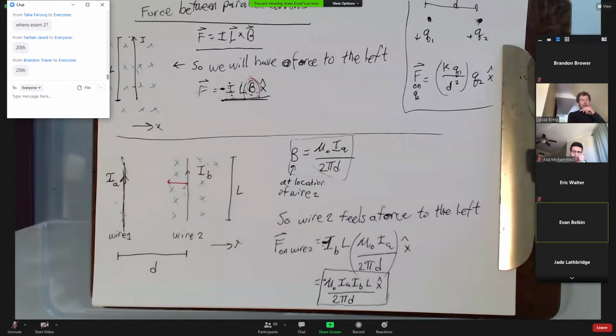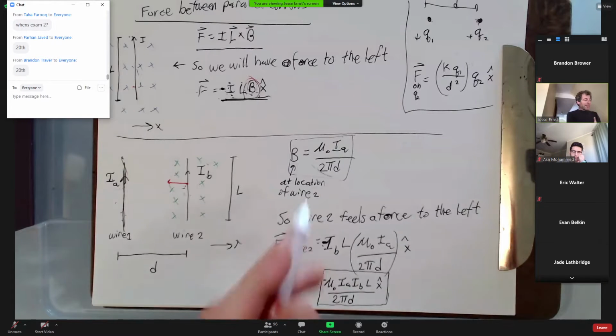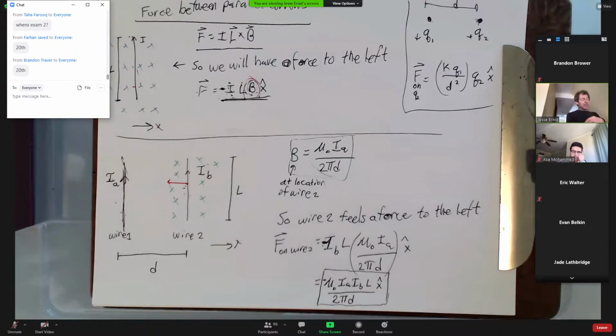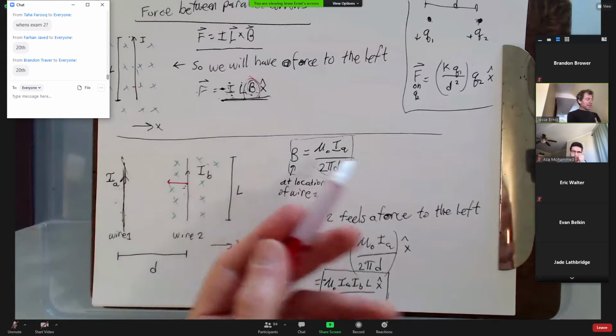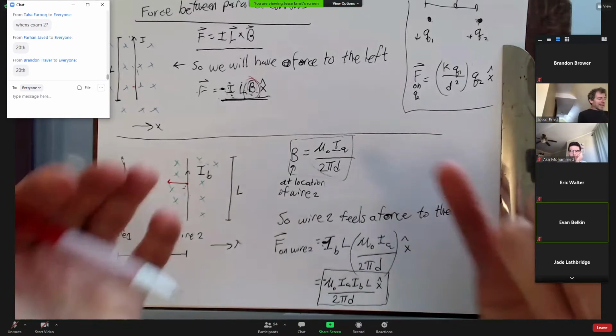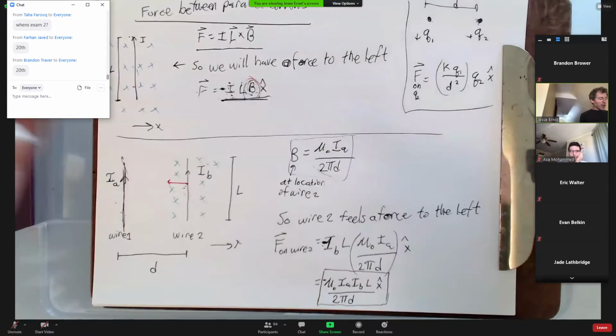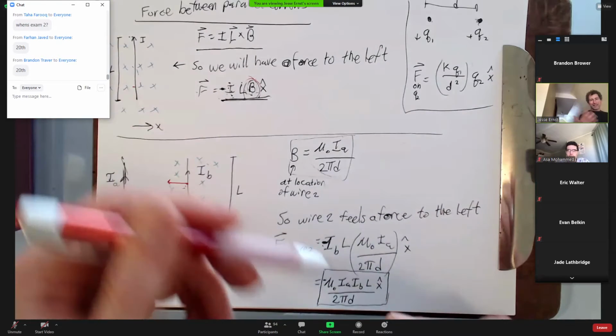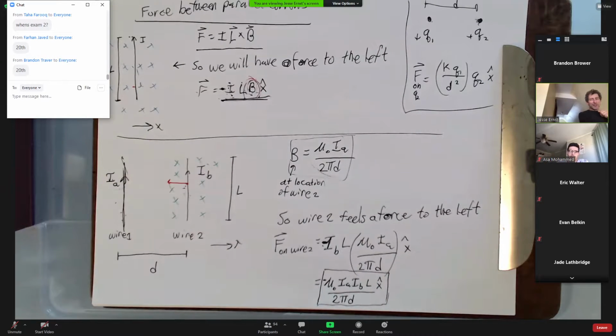Yep. In fact, some years ago I put that straight on the exam, exactly as we did: derive the B field from a long straight wire. So in that case, obviously you can't say the B field from a long straight wire is that, right? Then you're not deriving.